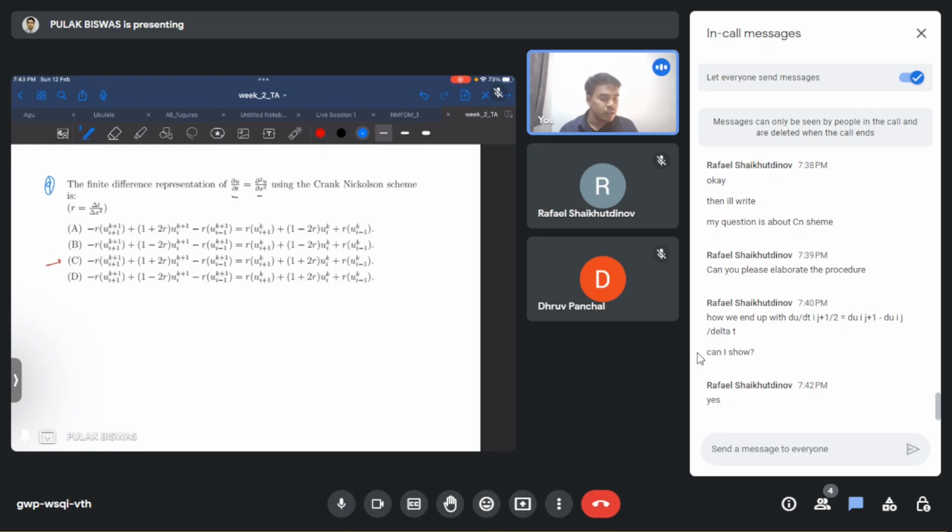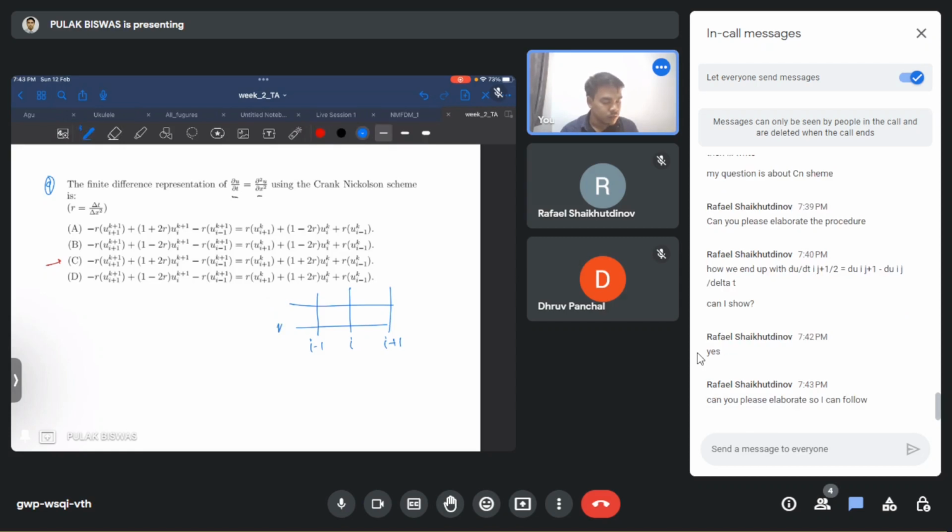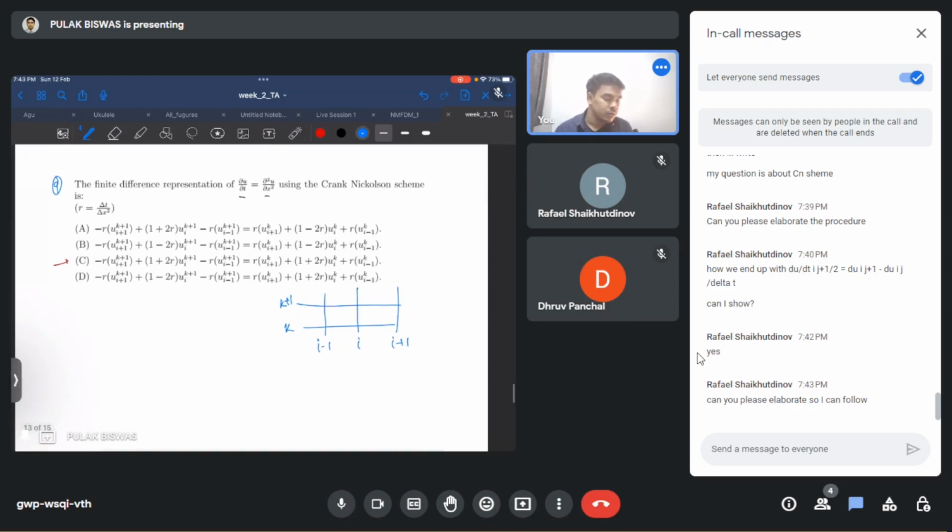In Crank-Nicolson, if my grid is like this, suppose k. You want a scheme for this equation.